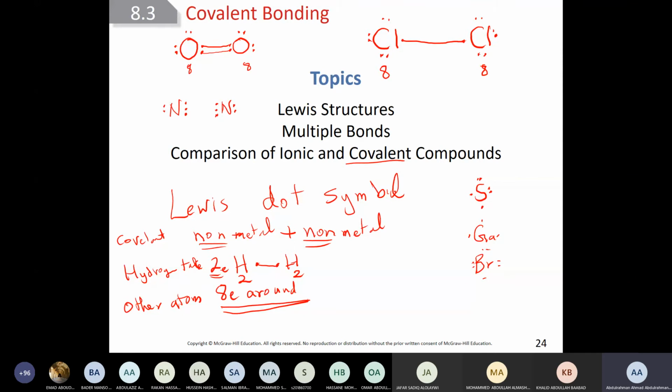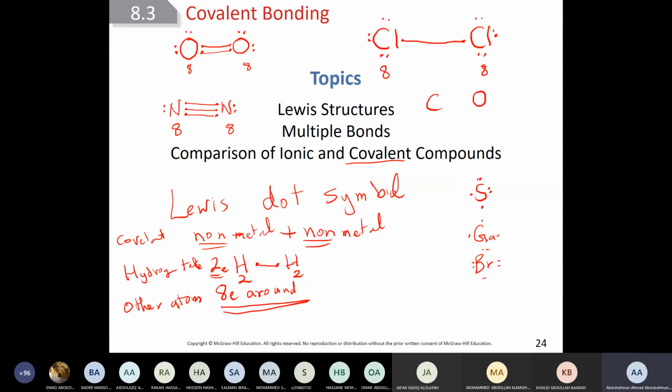Well, I want to have 8 around each one. How can you make them 8 around each one? 3 sharing electrons. And now, how many around this nitrogen? 8 electrons. And this nitrogen? 8 electrons. Fantastic.